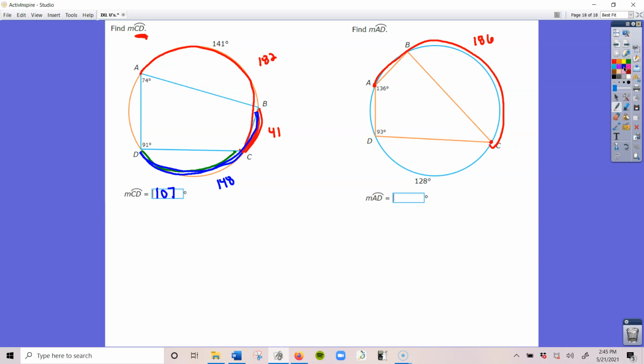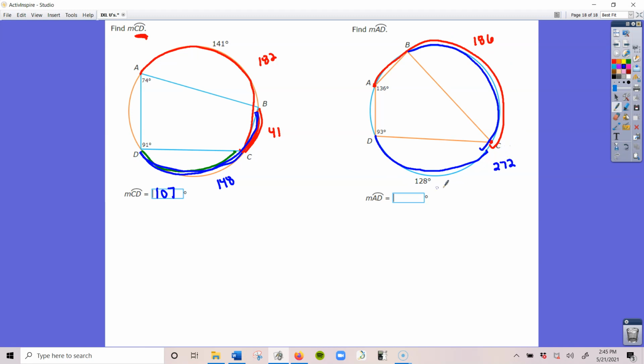Now for, let's say, the 136, that starts here, right? Because it starts there and then it ends here. This is 136. That means that the blue is double of that, which is 272.